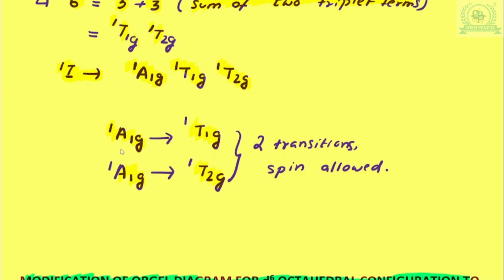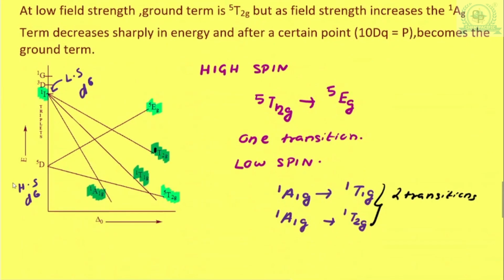So it will result in 2 transitions. So this is the proper explanation of the modified orbital diagram.